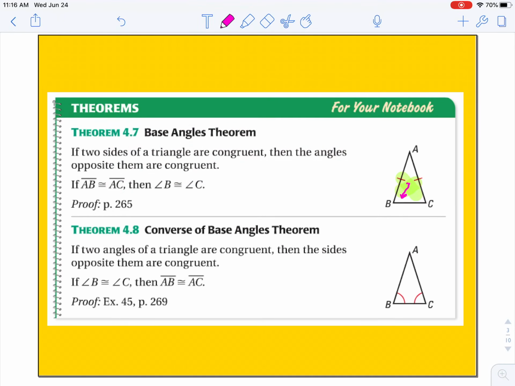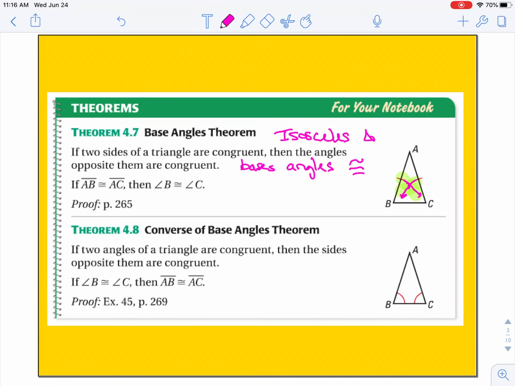So that means that angle B is congruent to angle C. So that is the sides opposite. So again, if you have an isosceles triangle, then the base angles are congruent.